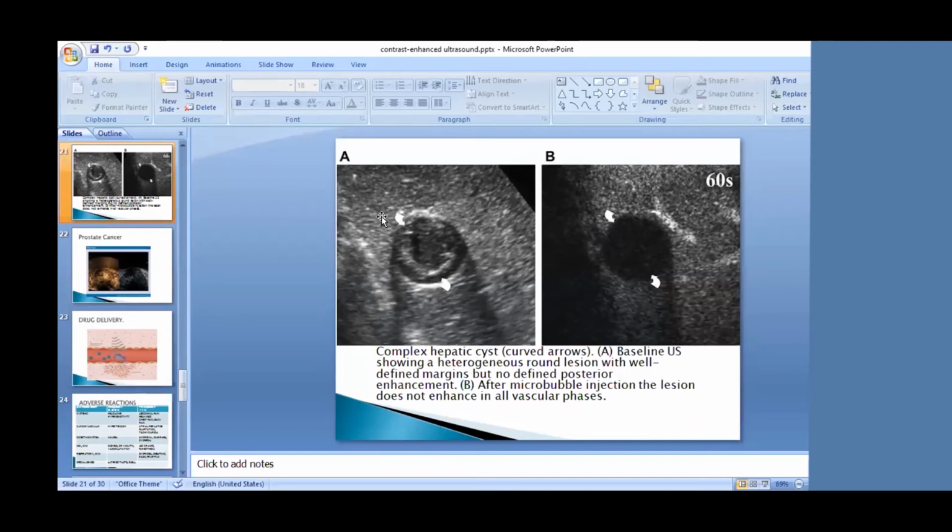Okay, we see a heterogeneous round lesion with a well-defined margin, but no defined posterior enhancement. Okay, we give contrast agent, and after 60 seconds we took the image. After microbubble injection, the lesion doesn't enhance in all vascular phases. You can see there is no enhancement, so it is not malignancy.